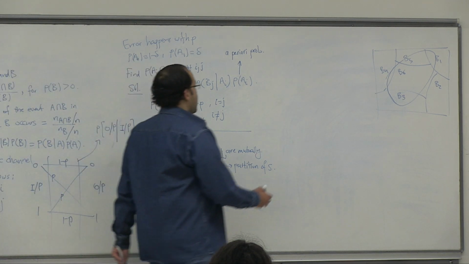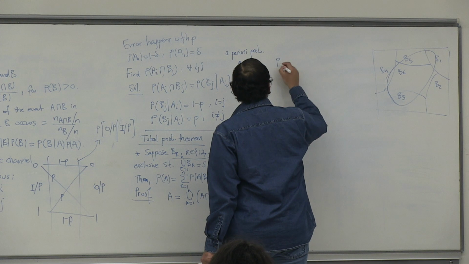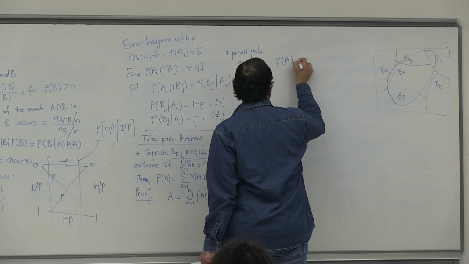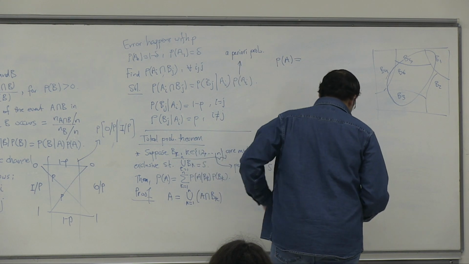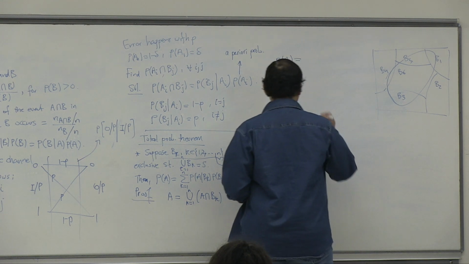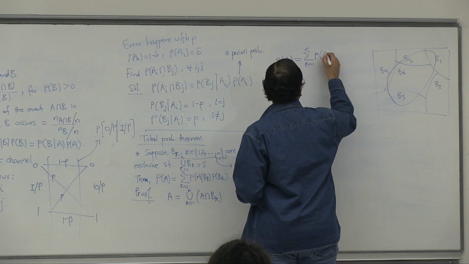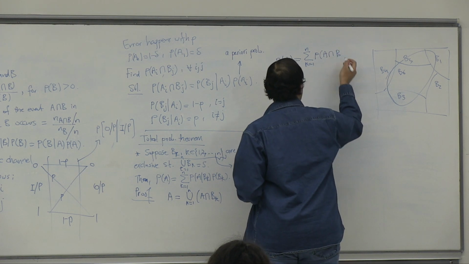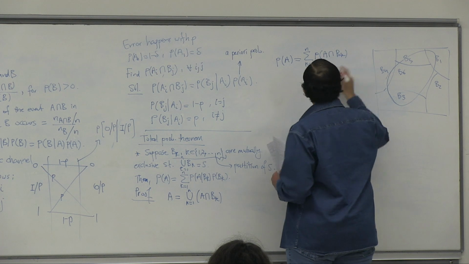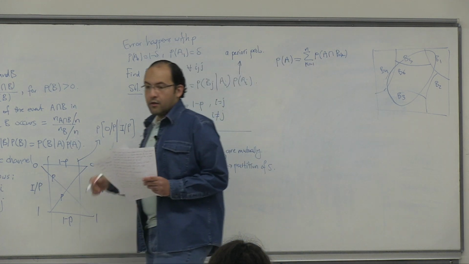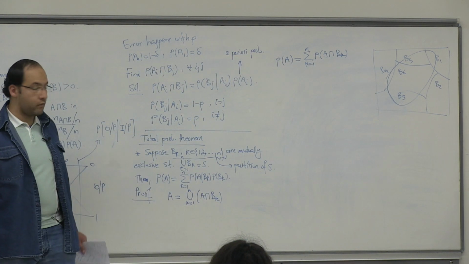What do we know about these events? They are mutually exclusive, and thus the probability of A can be easily shown as the summation from k equals 1 to n of the probability of A intersect B_k. How can we decompose this such that we finish the proof?